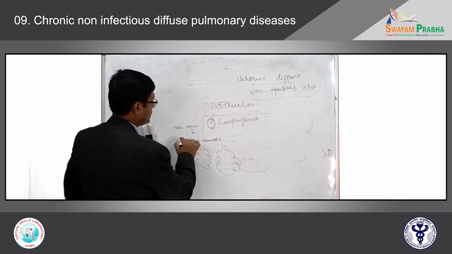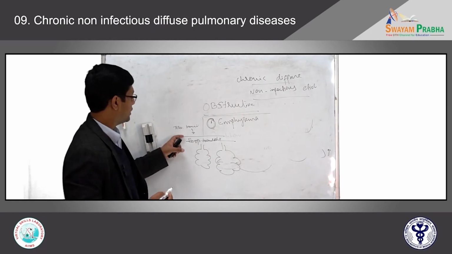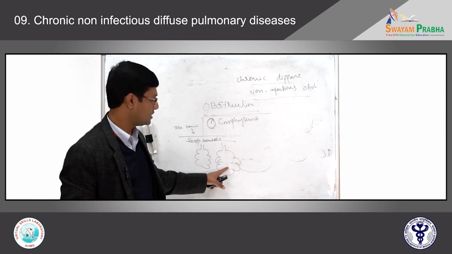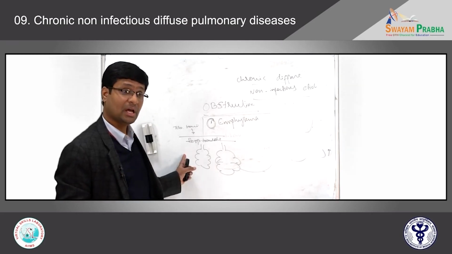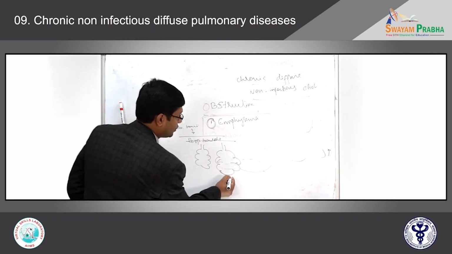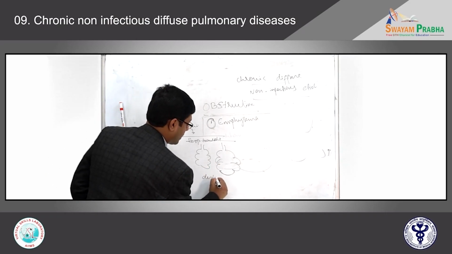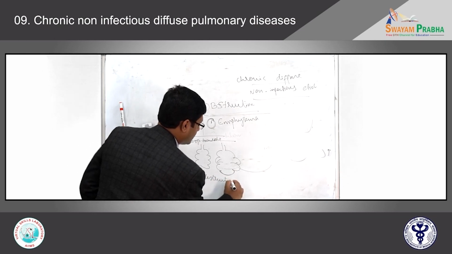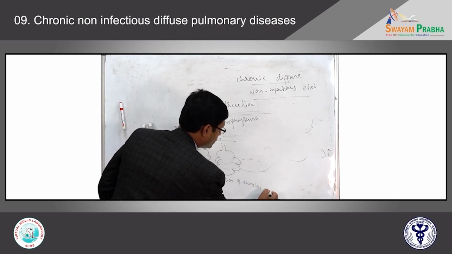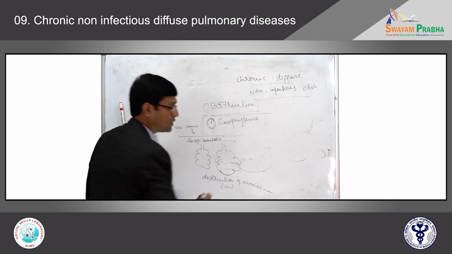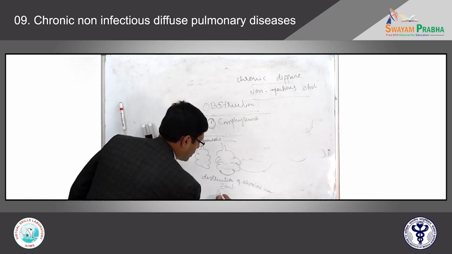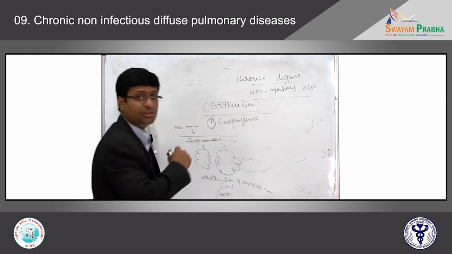So any pathology, permanent dilatation below the terminal bronchiole characterized by dilatation of the air spaces, which is irreversible, is mainly due to destruction of the alveolar walls, without any obvious fibrosis. This is very important. This definition is very, very important.